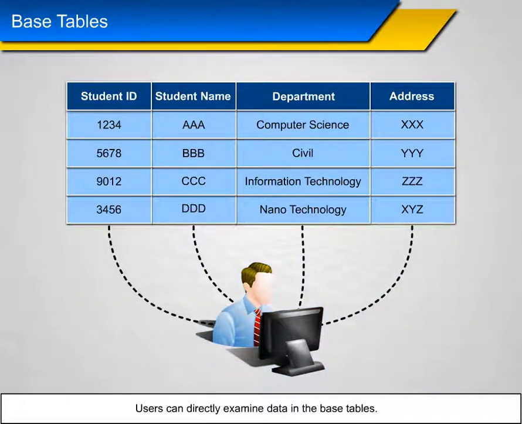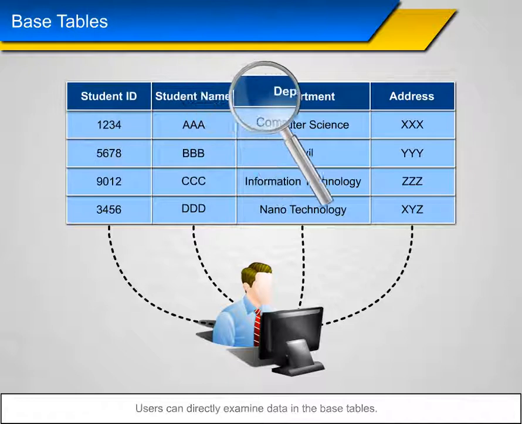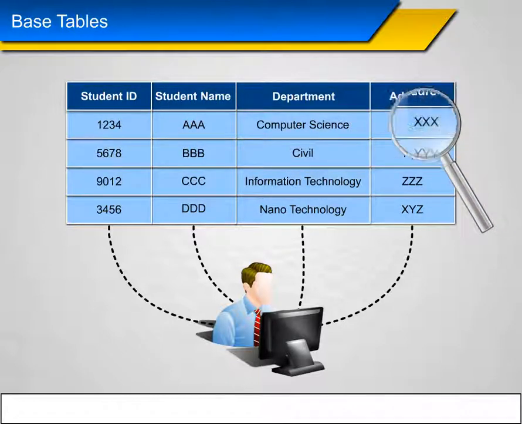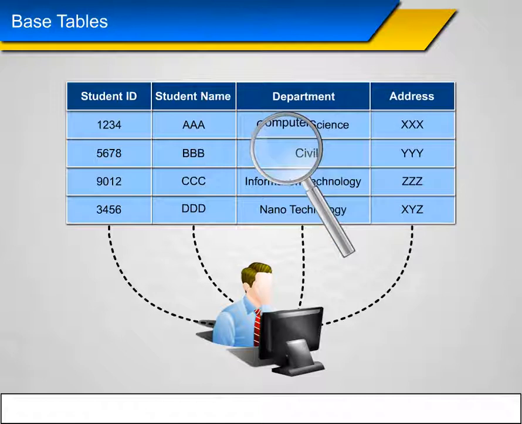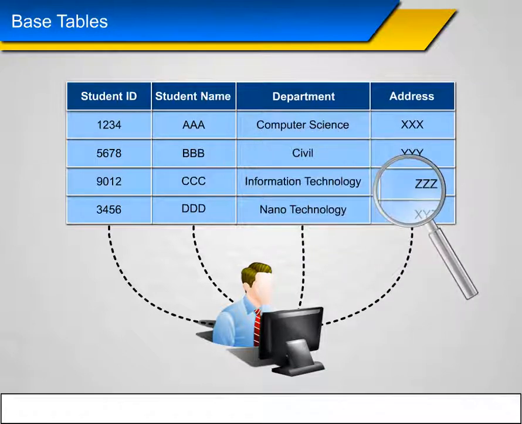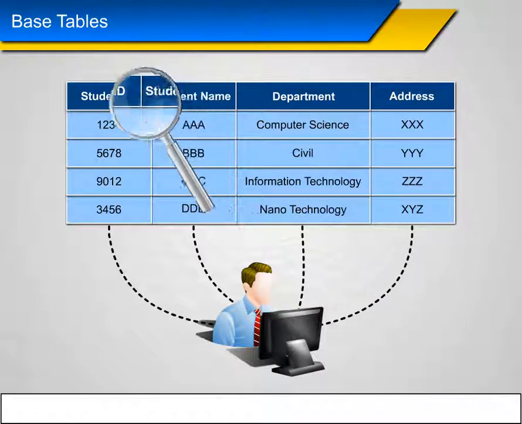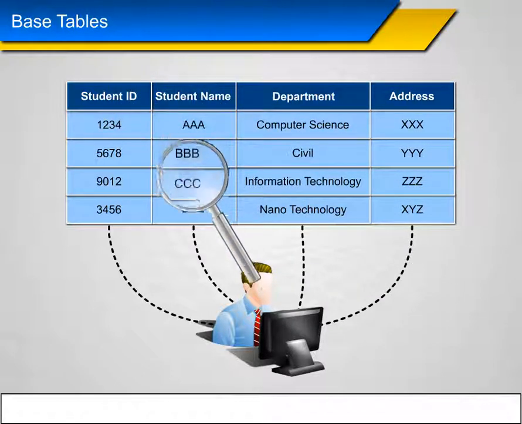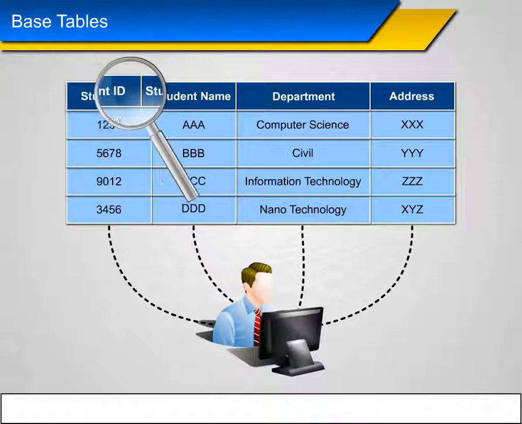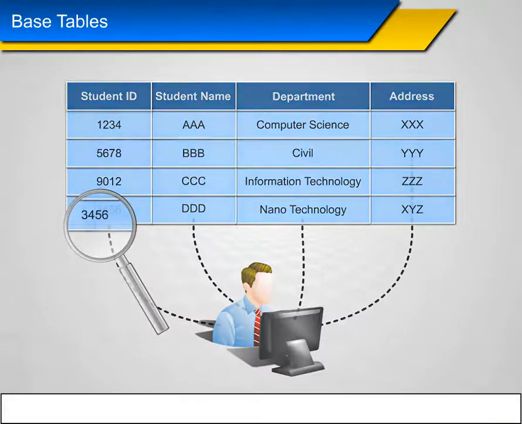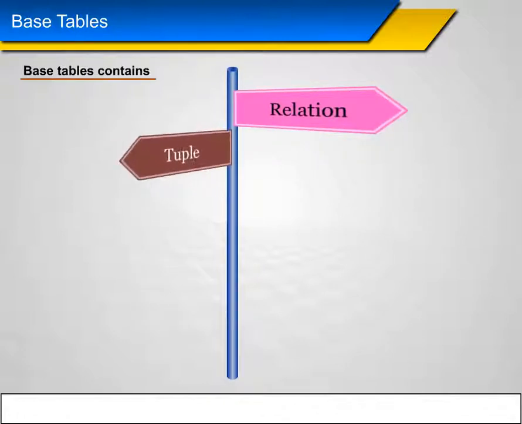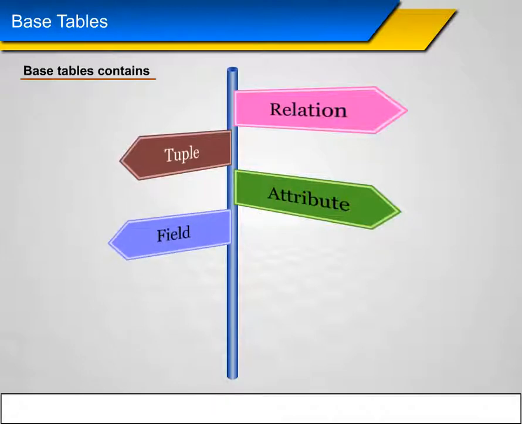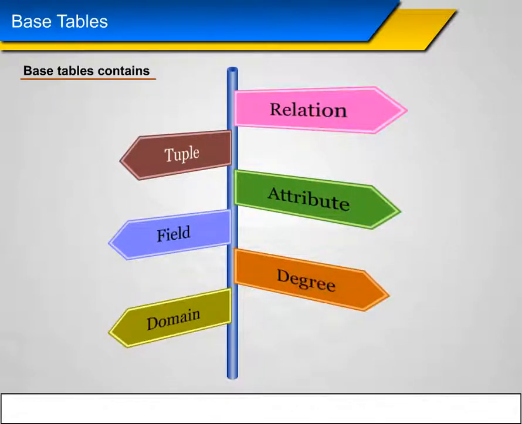Users can directly examine data in the base tables. A table contains: relation, tuple, attribute, field, degree, domain, cardinality.